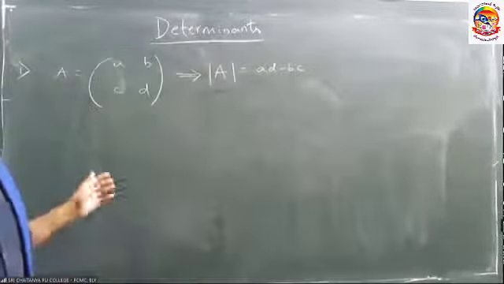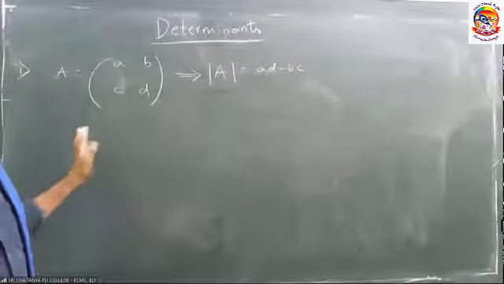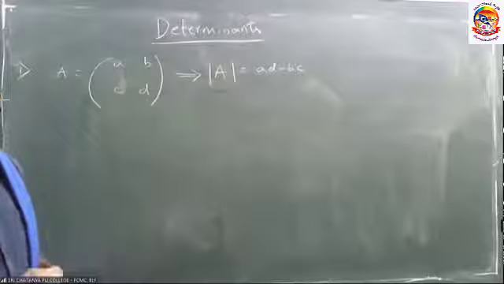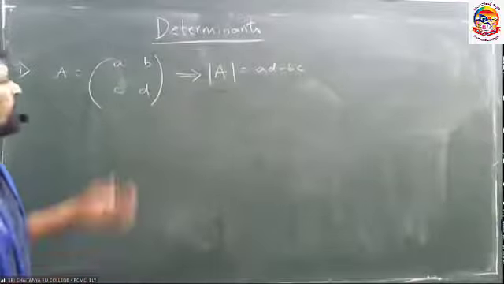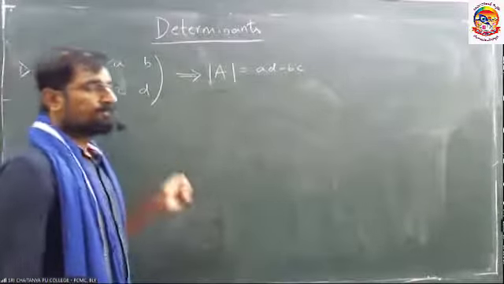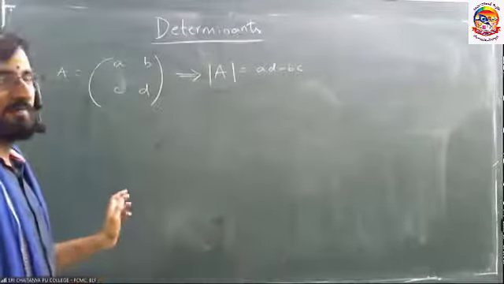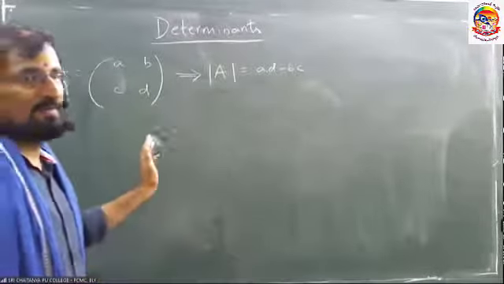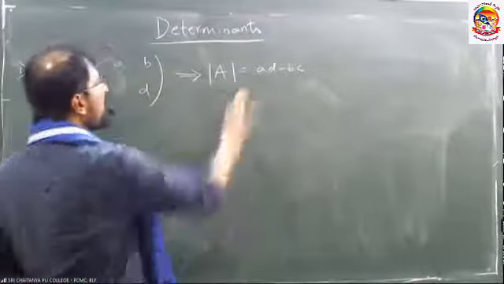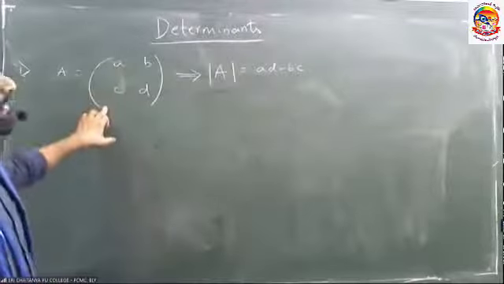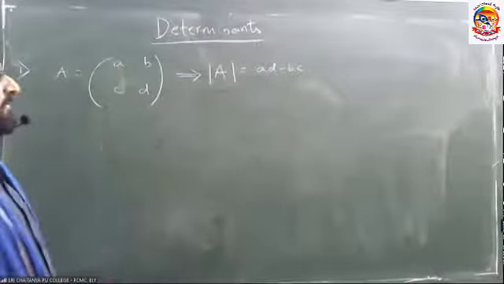Tomorrow I am going to teach you the concept of this chapter just for today, because you have less time. I think 10 minutes is there for you. Okay, today just go through the problems, application part. Tomorrow I will start the concept of this. AD minus BC is said to be the determinant of this 2 by 2 matrix.